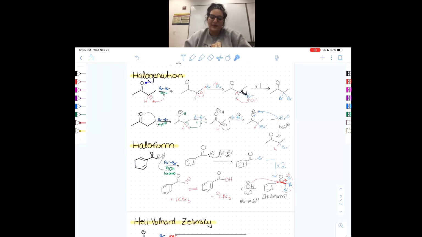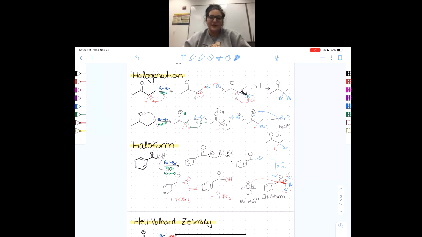Under that, we have base catalyzed and acid catalyzed, and our haloform. Our haloform reaction can only happen when we have an alpha carbon with 3 hydrogens, and we have a base catalyst.